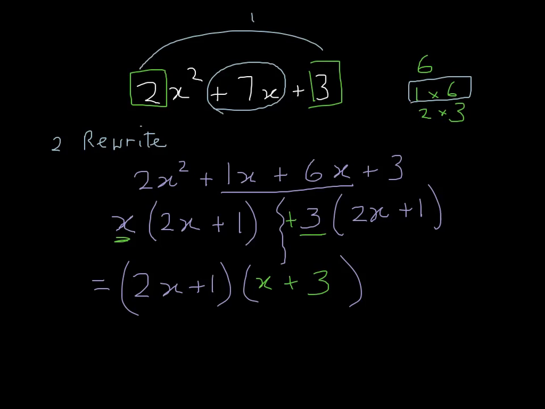Okay, let's do another example. These you just have to keep practicing until you feel confident at doing them. Let's do 2x squared plus 11x plus 12. Step 1, do you remember what it is? Take the front and the last numbers and multiply them together.